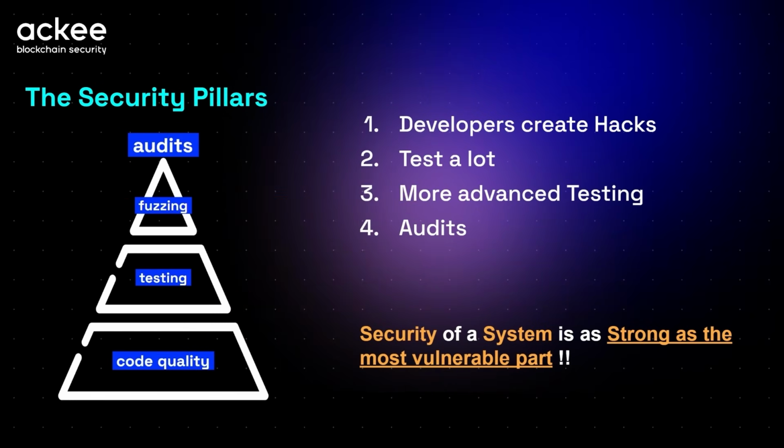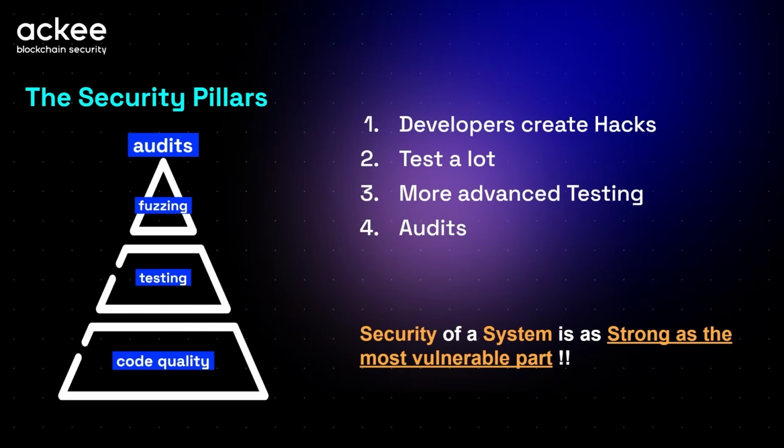So to recap, we went through all of the parts of this iceberg, or all of the pillars of security, starting from the code quality. That's the developer's responsibility. Testing is the same developer's responsibility, or maybe team members, as well as educating the team members about the best security practices. Then you should apply some advanced testing methods.